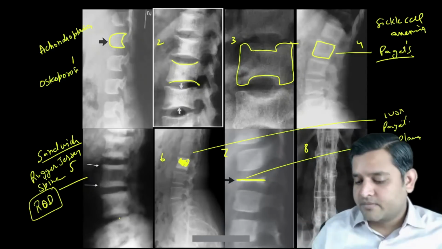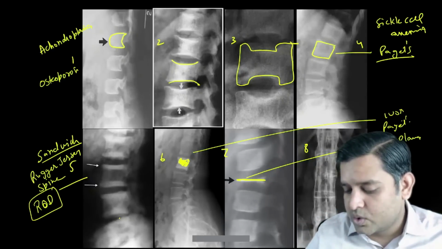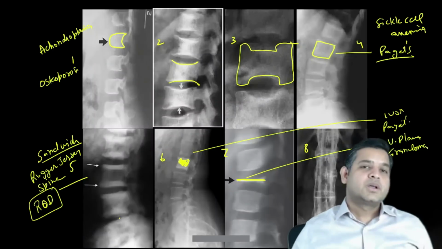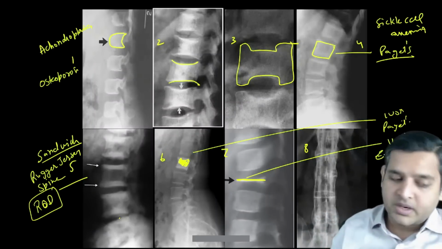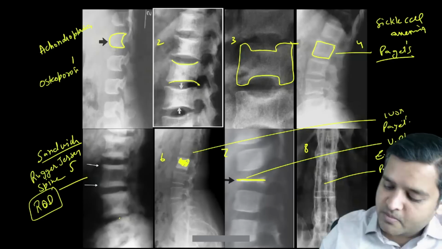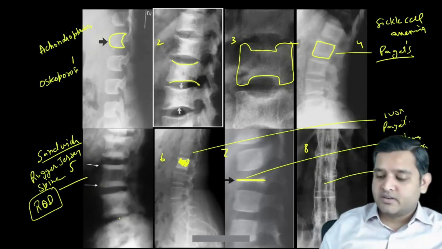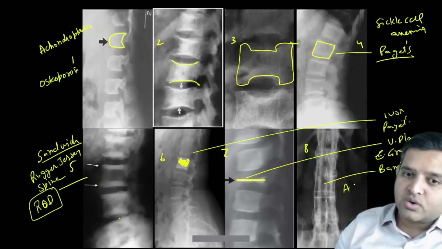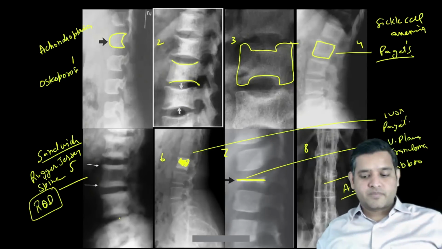Vertebra plana, which is seen in eosinophilic granuloma, and this is what is called bamboo spine, which is seen in ankylosing spondylitis.